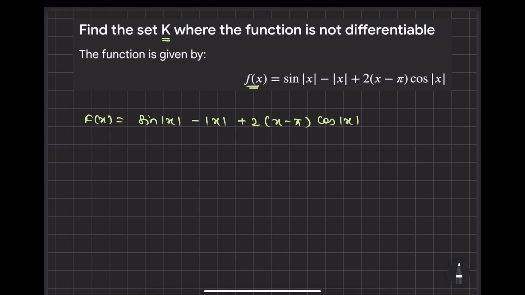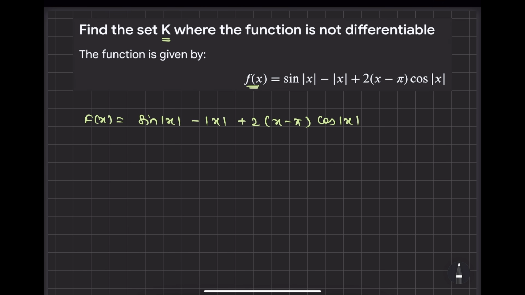Now, if you observe this function, it is a little bit complicated to draw the graph of this function. So what we will do, we will focus on the mathematical way. Mathematically, how do we approach? First, we check its continuity at the critical point. If it is not continuous, 100% it is not differentiable at that point. Suppose it is continuous.